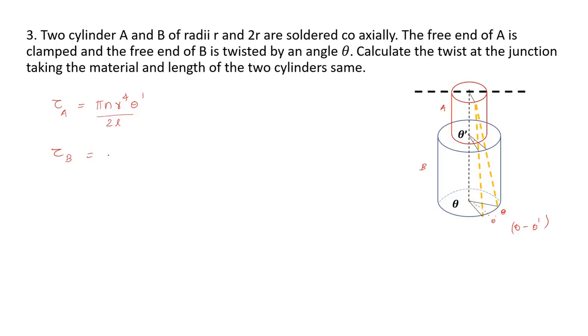So, let us write the torsional couple. Pi n is the same. The radius of the cylinder B is 2r.